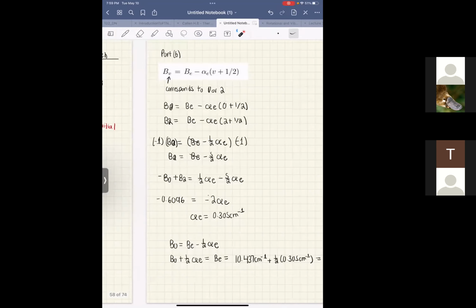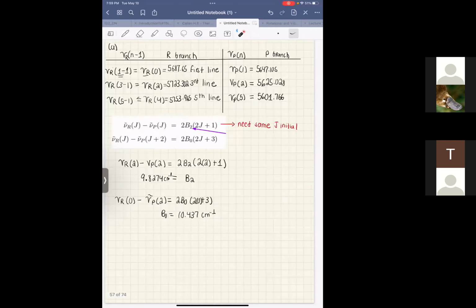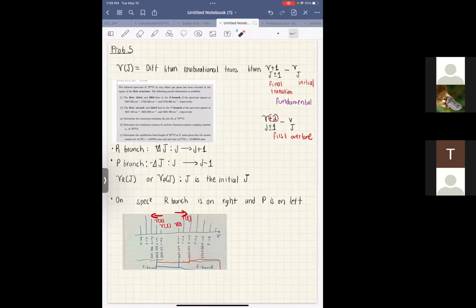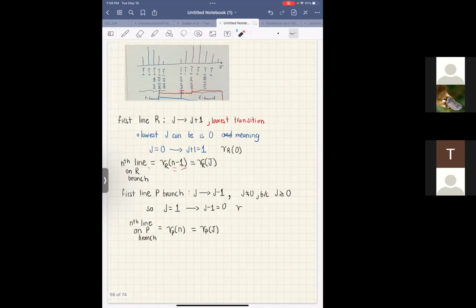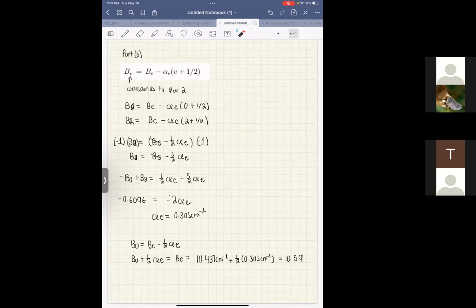So from here, part B is asking you to determine the rotational constant B of e and the vibration-rotation coupling constant alpha of e of hydrogen chloride. So for that part, B of V corresponds to V. So basically, this is a first overtone, so we can use these two equations here.